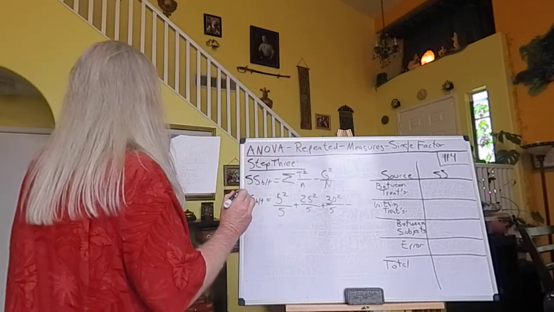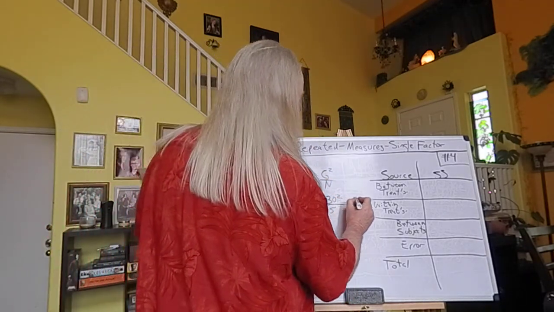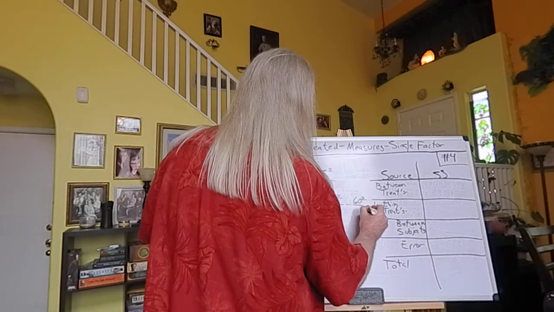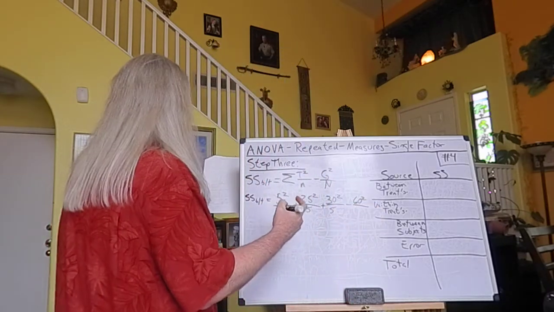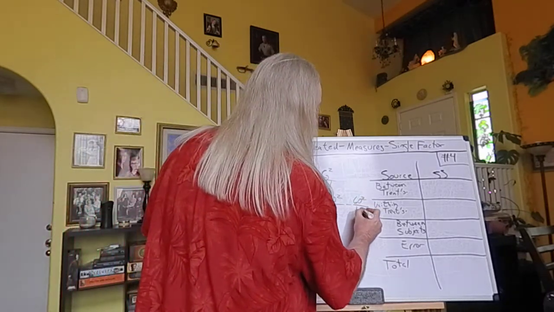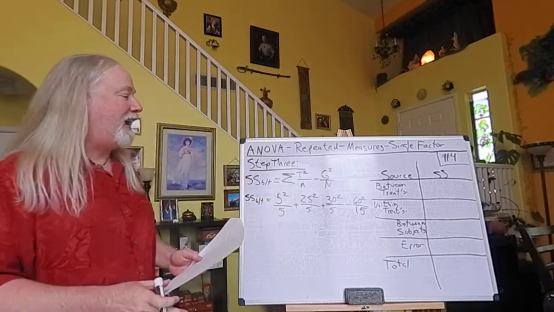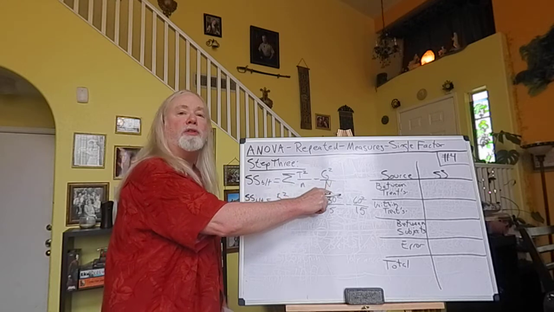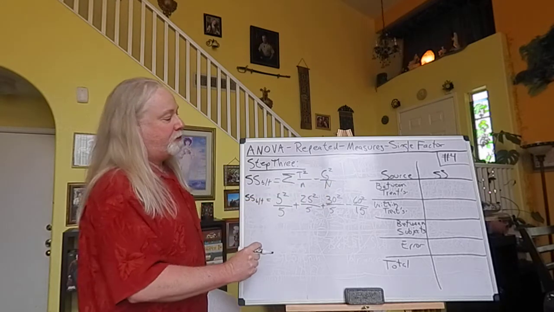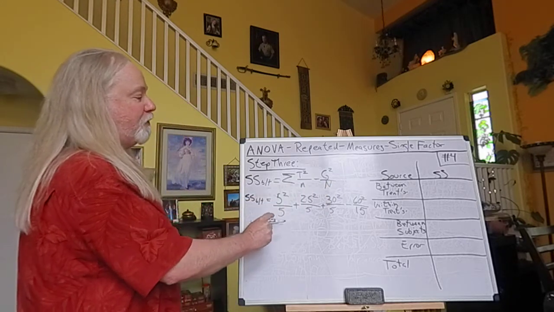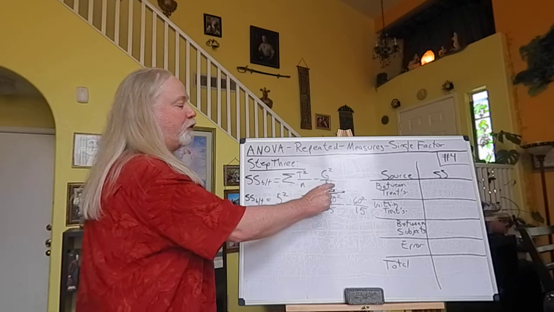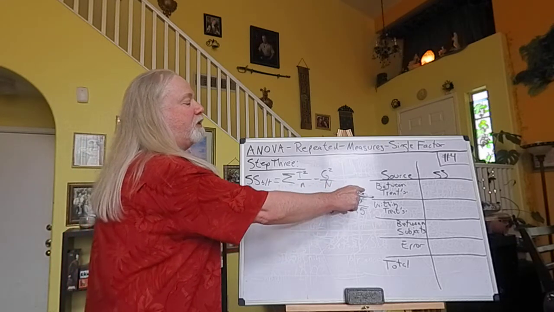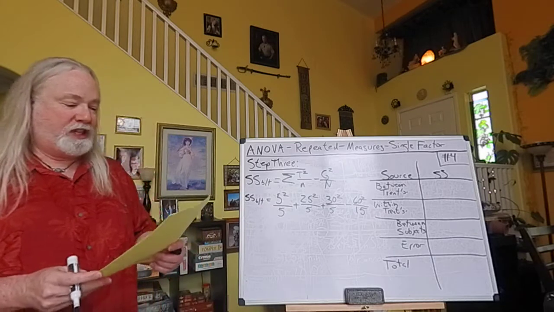The grand total was 60. And the total number of scores in the study is 15. So remember these n's. How many scores are there in any treatment condition? How many scores are there in the whole study? So 5 squared over 5 plus 25 squared over 5 plus 30 squared over 5 minus 60 squared over 15.